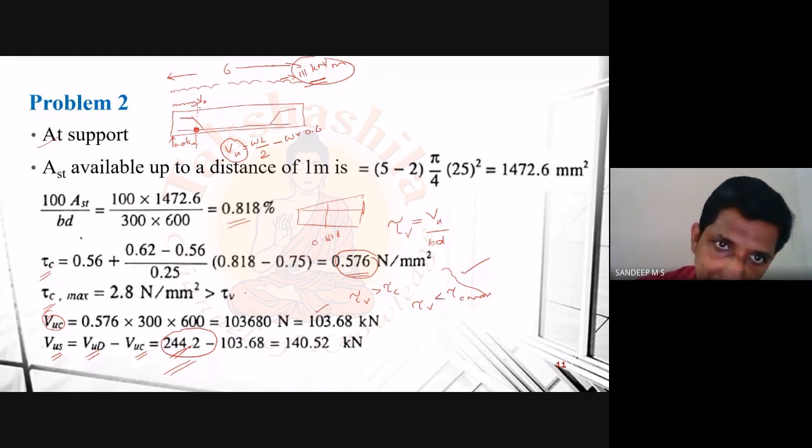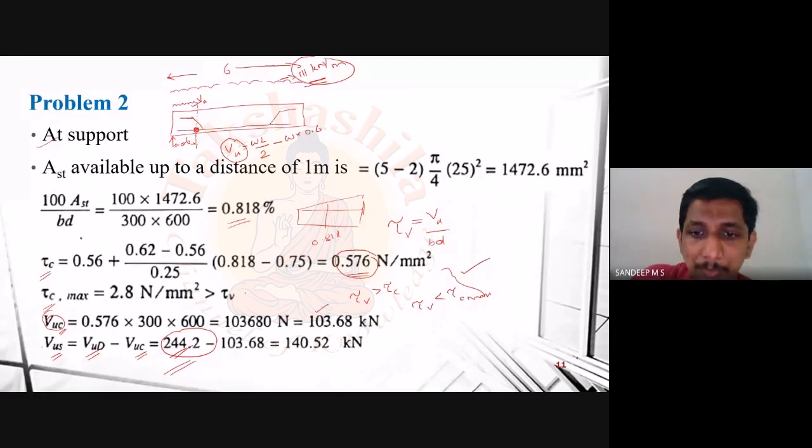So first of all, I have to calculate how much shear force can be taken up by my basic concrete section. That is given by VUC, which is equal to tau c into B into D. Tau c is already calculated here. Substitute these values and we can see that 103.68 kilonewton can be carried by my concrete section alone without the effect of bent up bars or stirrups.